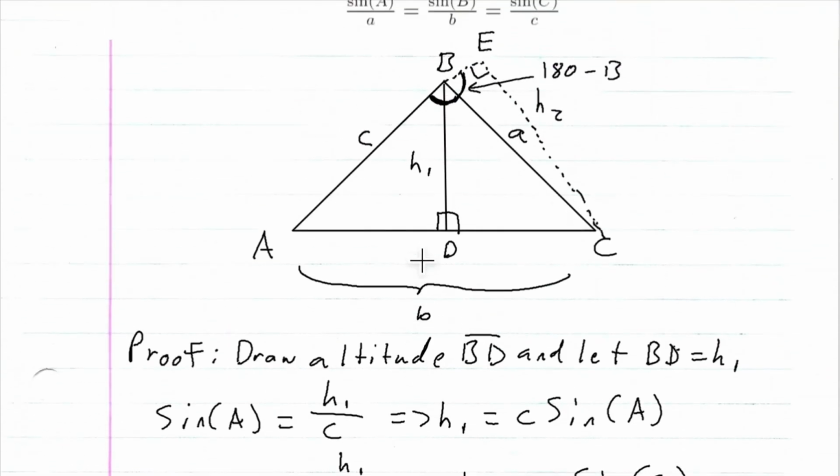Now, what I can do is look at this big right triangle here, right triangle AEC, and look at sine of A from this perspective. So sine of A is going to be h2, opposite of A, over the hypotenuse, and the hypotenuse for right triangle AEC is going to have a length of b, right?